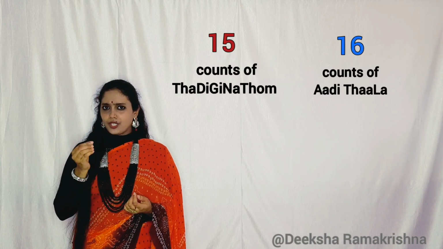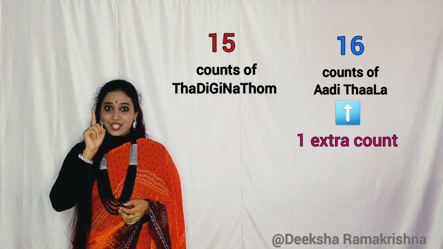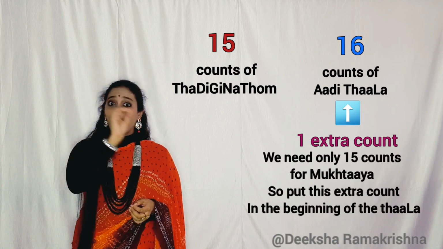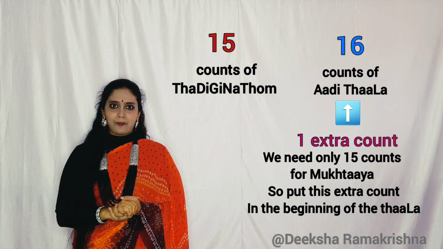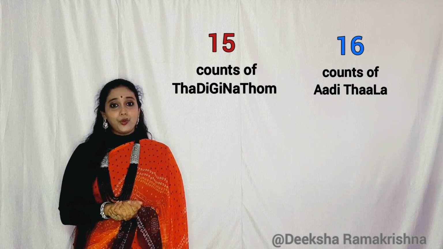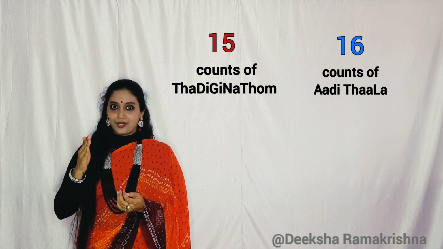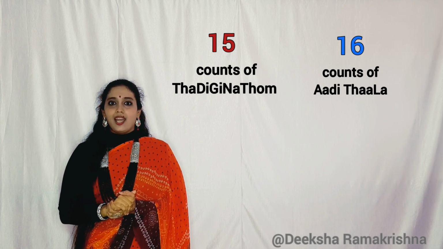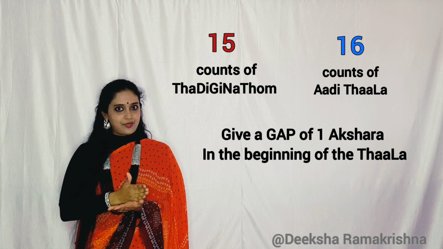But if you have noticed, there is 1 count extra, right? And this extra count, we will have to put that in the beginning of the Thala for us to get a perfect muktaya. So let's not worry too much about it. Let's get into practical. So first speed of Aadi ThaaLa, as I have mentioned, 1 letter of Sholkattu per beat, and we will have to give a gap of 1 akshara in the beginning as we have discussed.